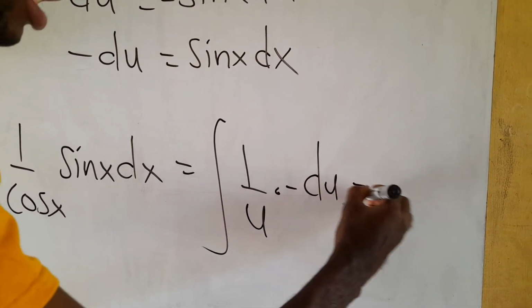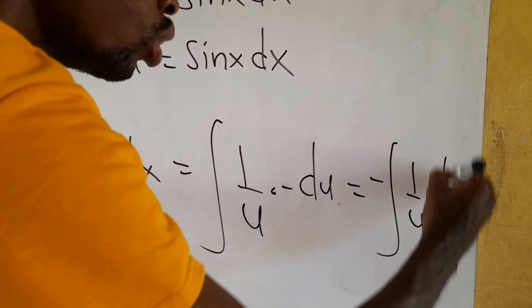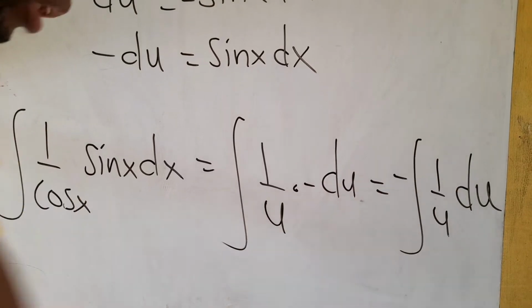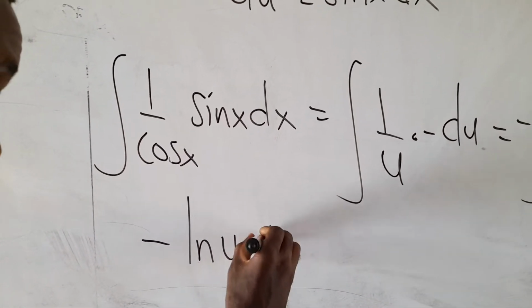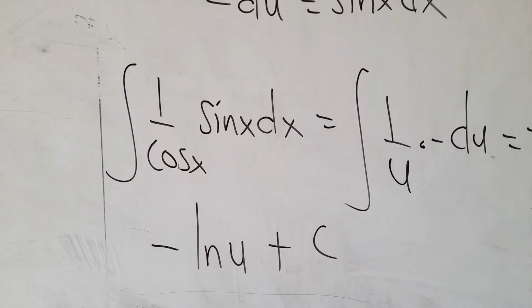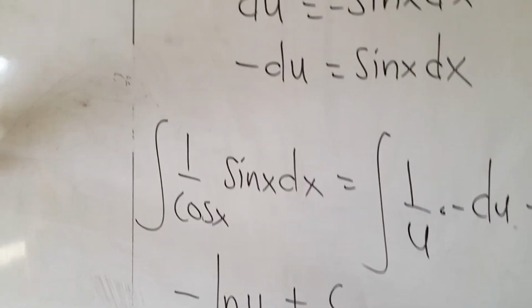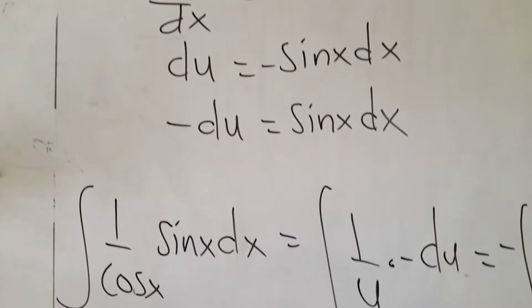We can rewrite this as negative the integral of 1 over u du. Now we integrate 1 over u, and we get ln u. So that will be negative ln u plus c. Now, what is our u? Our u is cos x. Remember, this is an absolute value.